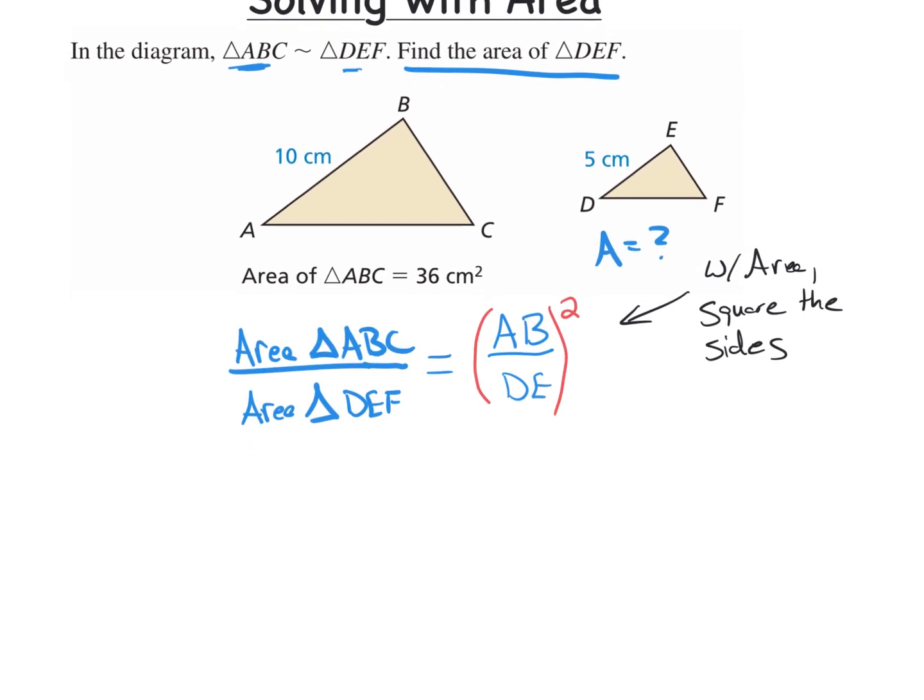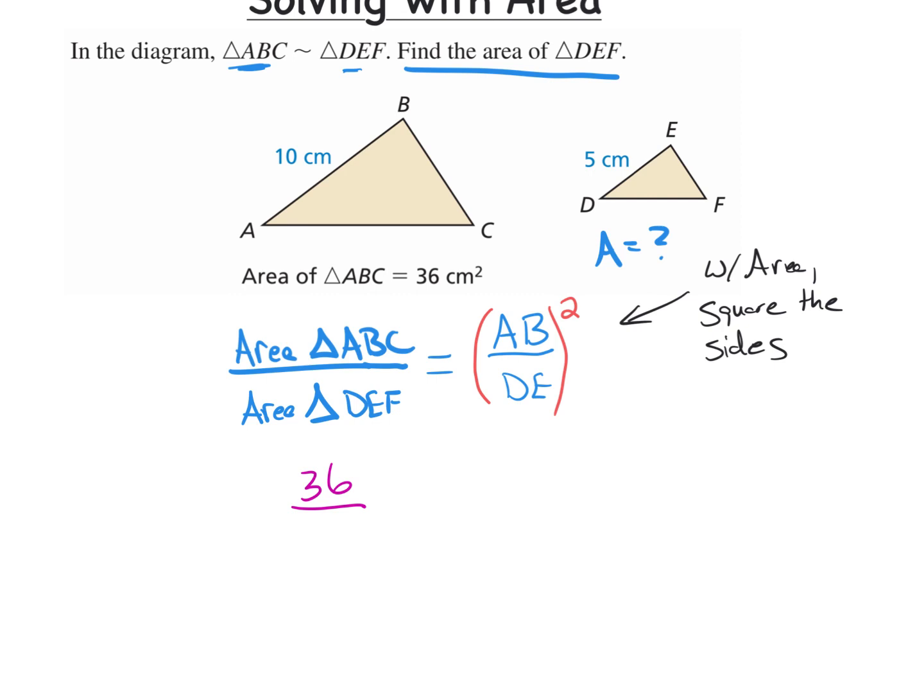All right, next we're just going to plug it in. What's the area of ABC? 36. Area of DEF? Do we know that one? So what are we going to put for it?